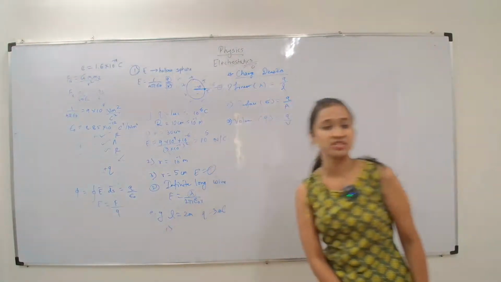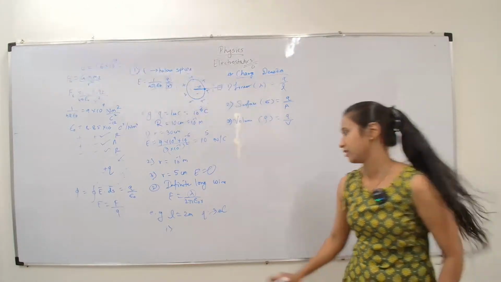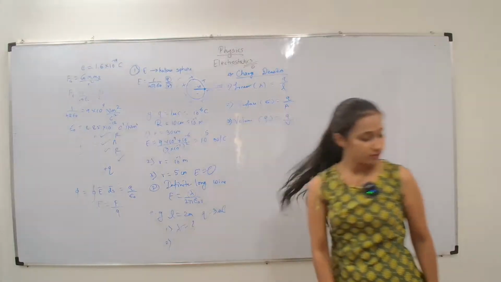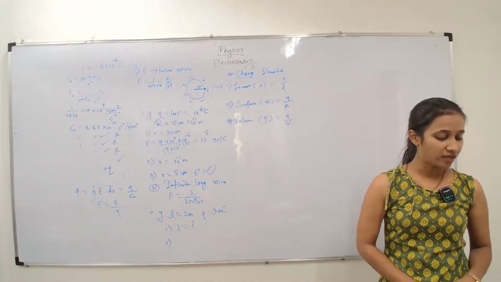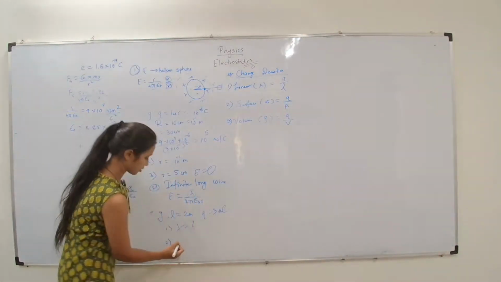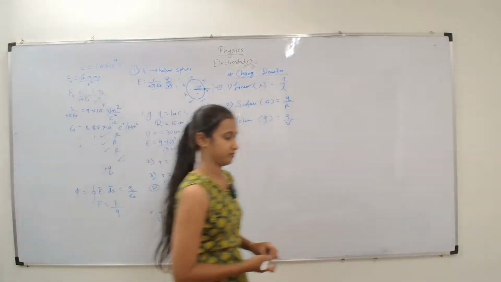Which type of charge density will be here? Linear, surface or volume? Linear. So find out lambda. Second one, electric intensity due to the wire at a point 1.5 meter away. So small r is 1.5. Do solve.